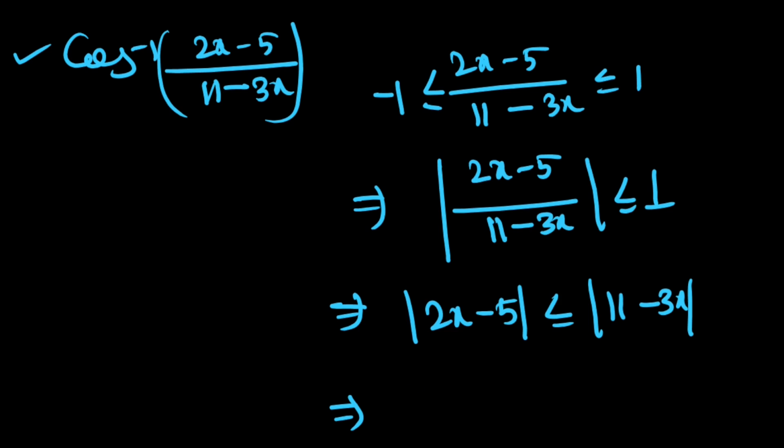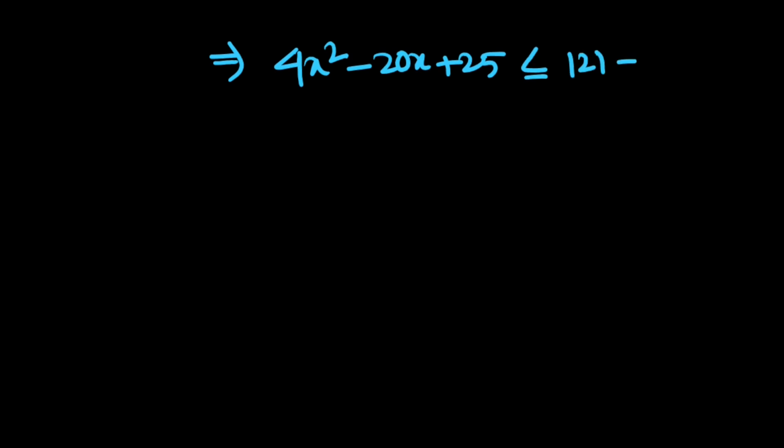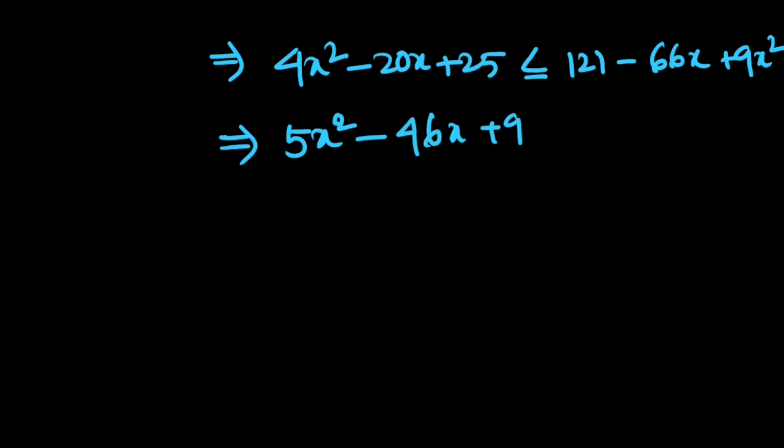So we square: (2x minus 5) square is less than or equal to (11 minus 3x) square. Therefore, if we expand the squares, that is 4x square minus 20x plus 25 less than or equal to 121 minus 66x plus 9x square. Now simplify it, then we get 5x square minus 46x plus 96 is greater than or equal to 0.